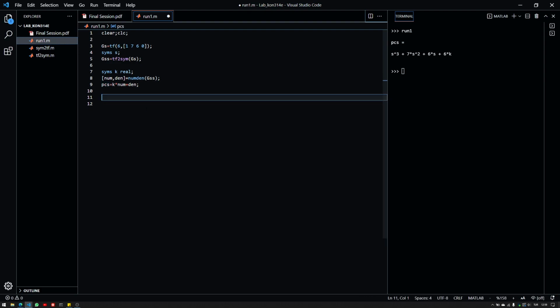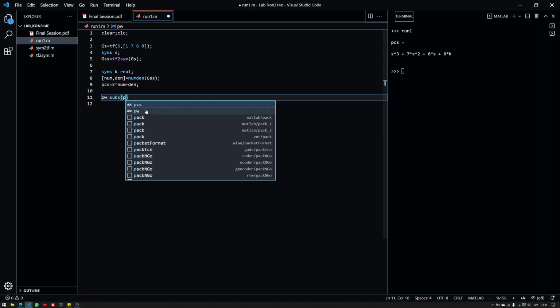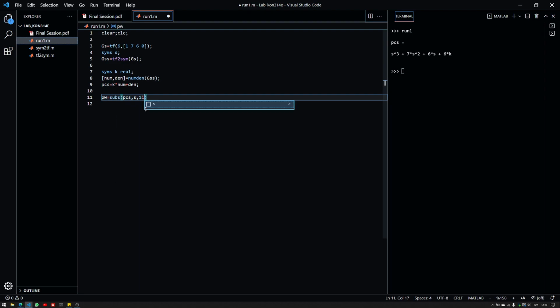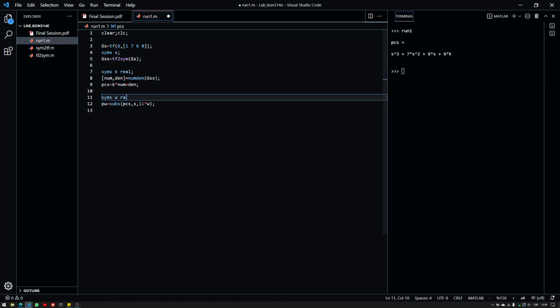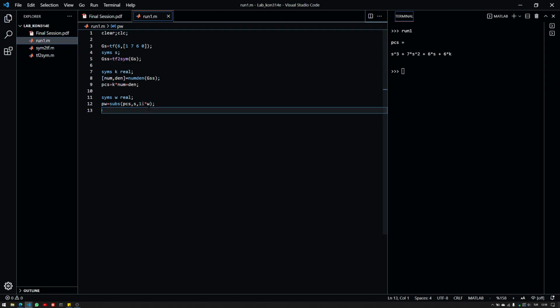Now we have p of s, so for p of omega, for example, let's substitute s equals 1i times omega. So therefore we have to define omega real. Here we go. And then we would have the following. This will be a complex number, and you can see that there is 6 omega i, and then minus omega cubed i, and then there's 6k minus 7 omega squared.